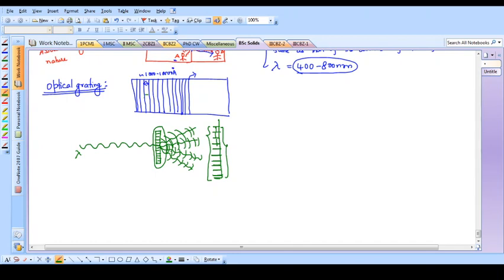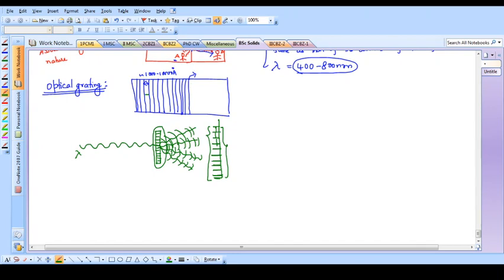ಮೊದಲು ಯೂಸ್ ಮಾಡಿರುವಂತ optical grating ಇಗೂ ಈಗ ಯೂಸ್ ಮಾಡ್ತಿರೋ optical grating ಇಗೂ ಡಿಫರೆನ್ಸ್ ಏನು? The distance of separation between the lines in the optical grating is different. So when the distance between lines changes, automatically the diffraction pattern also changes.